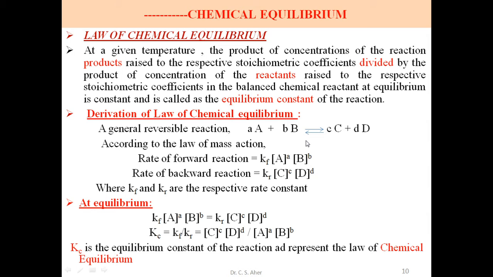Just now we see forward and backward reaction rates are equal, and thus the concentrations of products and reactants are the same. So by equating these two, we arrive at a new constant that is called the equilibrium constant. This equilibrium constant is equal to the multiplication of concentrations of products raised to their stoichiometric numbers divided by the multiplication of concentrations of reactants raised to their particular numbers of moles.